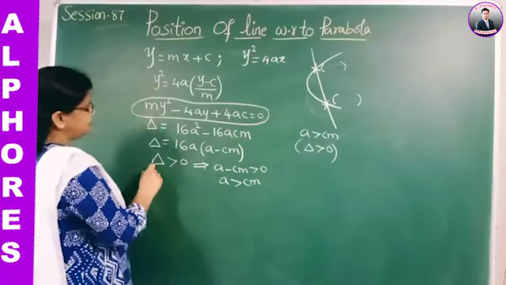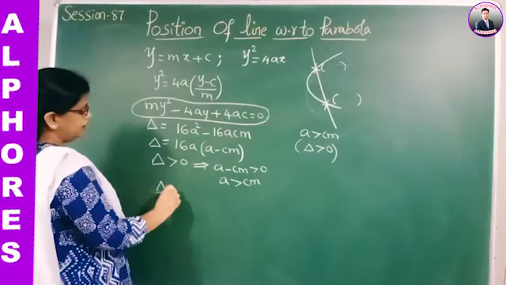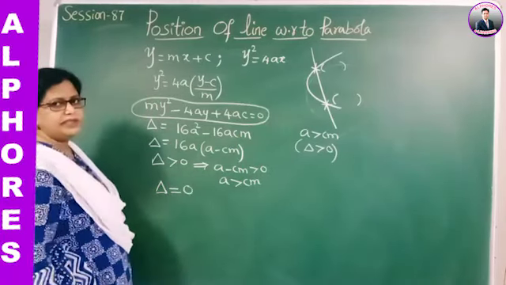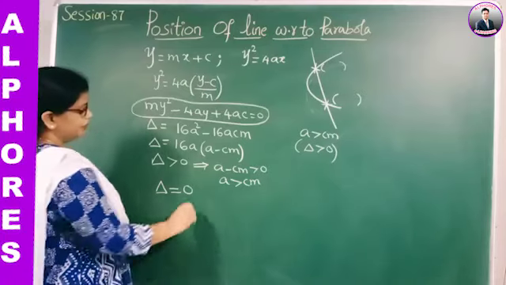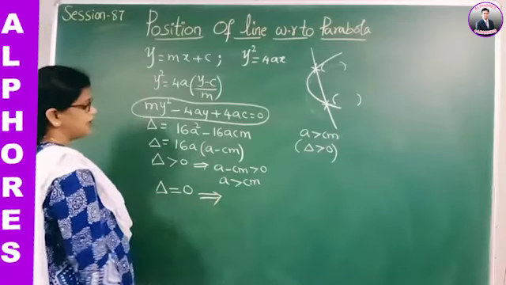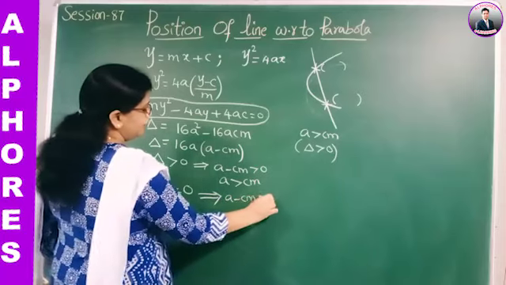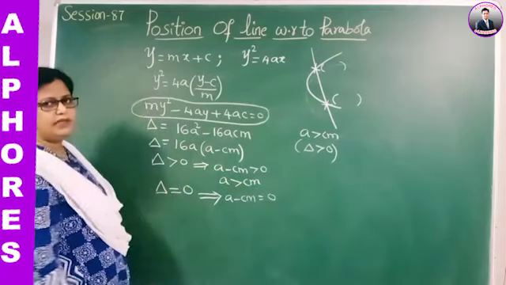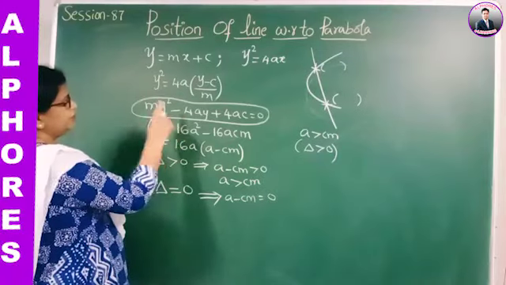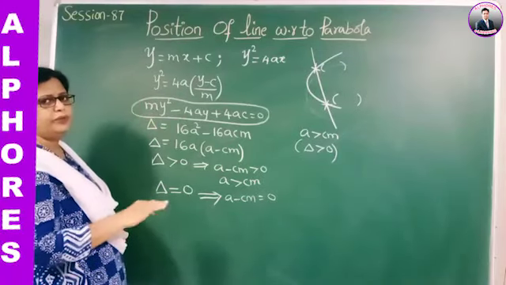And next, suppose you take delta equal to 0, the discriminant is equal to 0. Then what will happen? In this case, a minus cm is 0. The condition that the discriminant is 0 means the quadratic equation will have two equal roots.